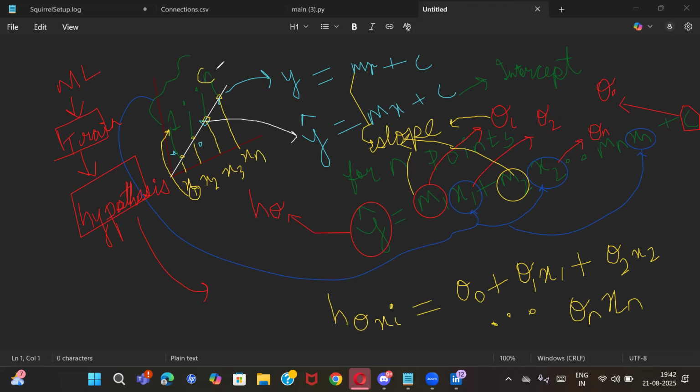For this particular n, what is this n? This n is nothing but this, right?